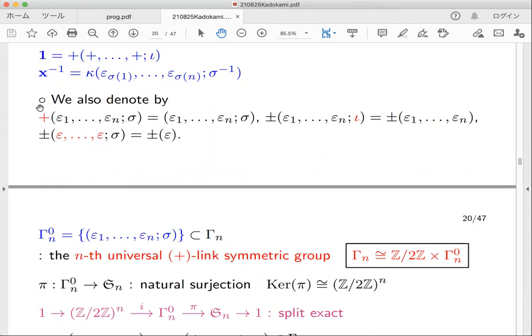If kappa is plus, we omit this plus, and if an element of the symmetric group is identity, we can omit it, and if epsilon 1 to epsilon n are all equal to epsilon, then we denote it by this.